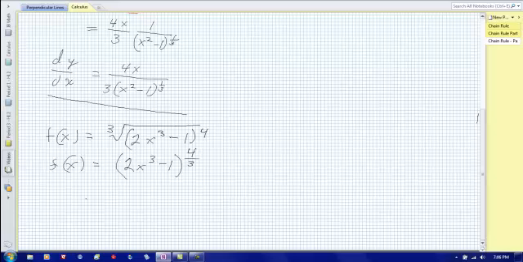So let's take a look. Okay. So our inside function, this u, in this case, is 2x cubed minus 1. And the y then is a function of u to the 4/3 power. Okay, taking the derivatives, du dx.